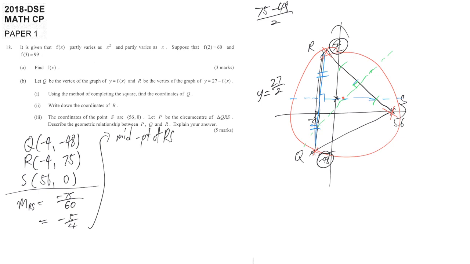That means we are trying to find this position. X coordinate average, that means (-4 + 56)/2, and then (75 + 0)/2. So we get the midpoint (26, 75/2).